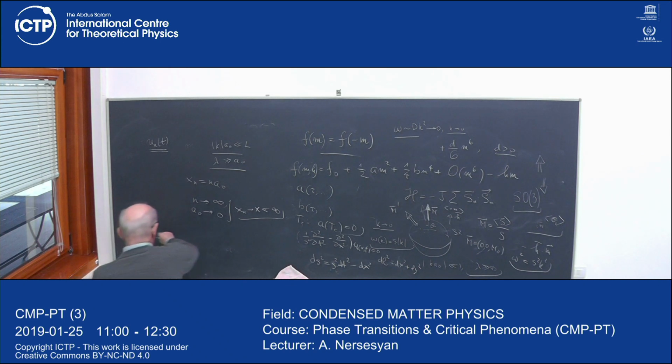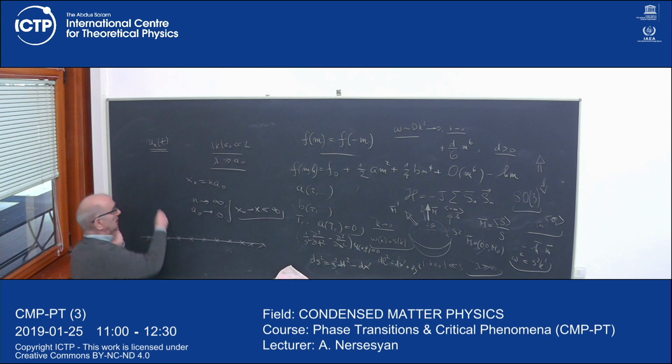If I have a chain, I know that a vibration with small k means that if I have a displacement to the right, the neighboring atom will also have a displacement to the right, maybe the length of this vector, which gives me information about the modulus of u, will be a little bit smaller.